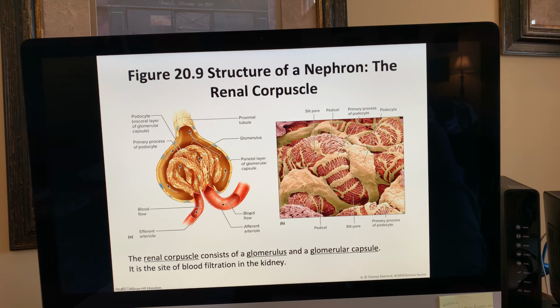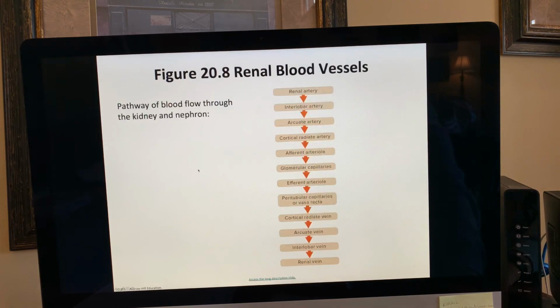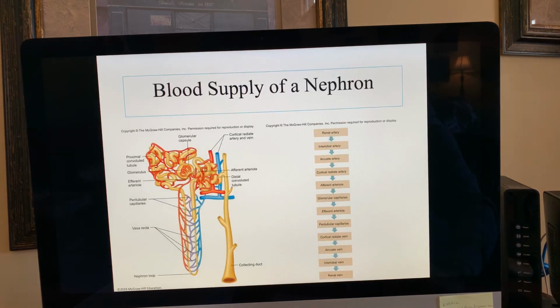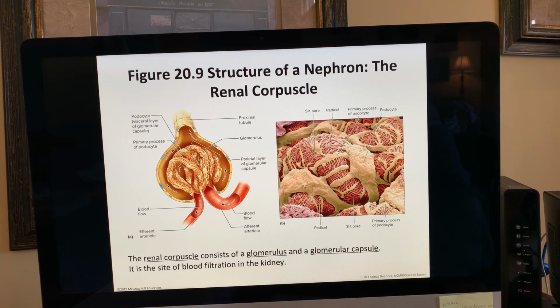This is a diagram showing a close-up of the afferent arteriole bringing blood into the glomerular capillary bed. And then the efferent arteriole coming out. This is the glomerular capsule or Bowman's capsule.